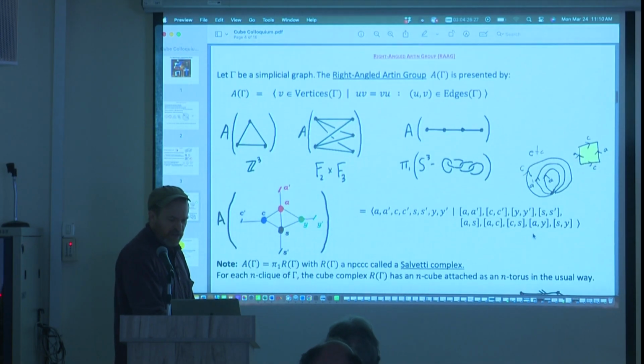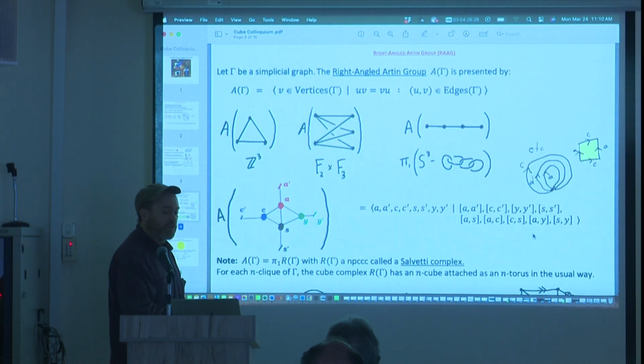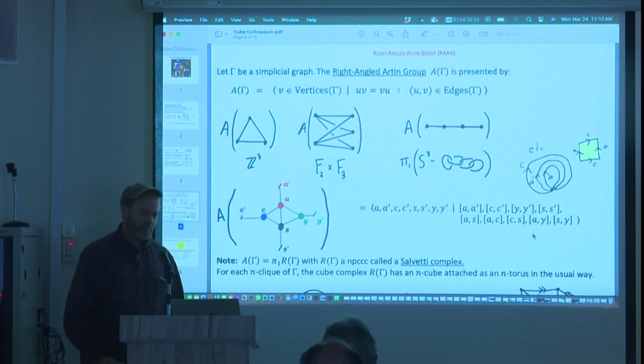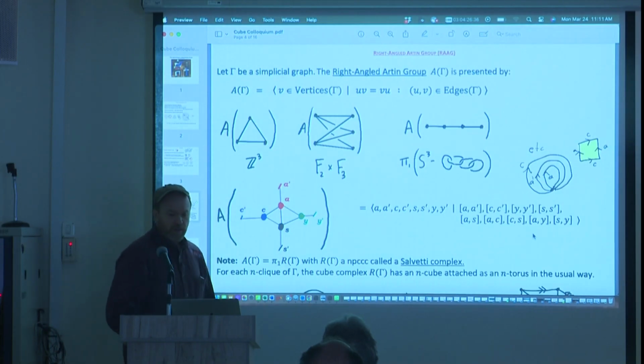All right, so we already know what a non-positively curved cube complex is. Now I'm going to tell you what a right-angled Artin group is. If you have a graph gamma, then there's an associated group, and the group is given by a very easy presentation. The generators correspond to the vertices of your graph, and 2 adjacent vertices will give you commuting generators.